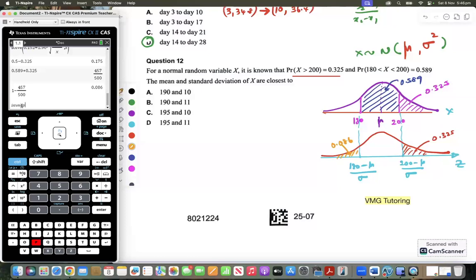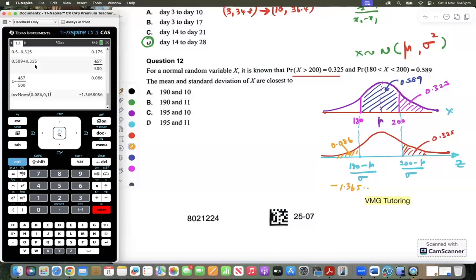So I'm getting inverse norm, right? This value is 0.086, and mean is 0, and standard deviation is 1. That value here is negative 1.365, whatever the number, right?